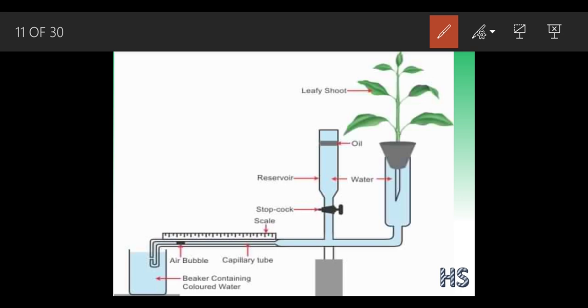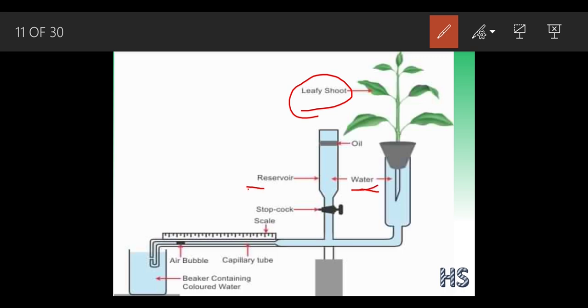See what we are going to do. First, I'm going to explain each and every term. Then we are going to start and we are going to notice what is going to happen. See this part. This is a leaf shoot which has been inserted inside this part, this Ganong potometer part, which is filled with water.